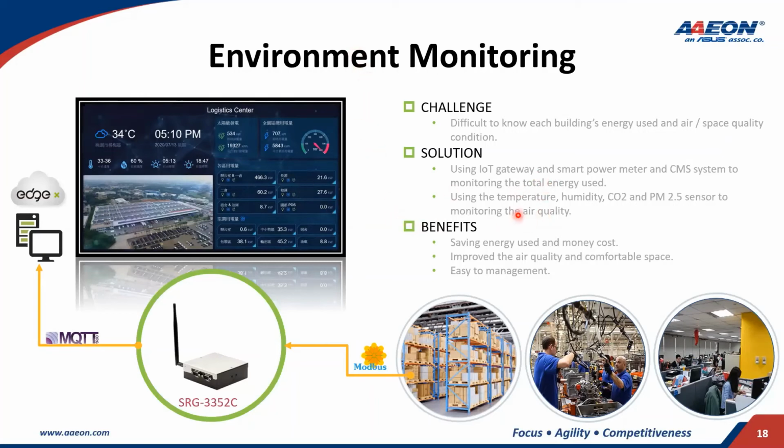So our customer used the gateway to monitor the status of different factories and then send the data back to the CMS system we customized for them. The picture you see here is actually the CMS dashboard we customized for them.